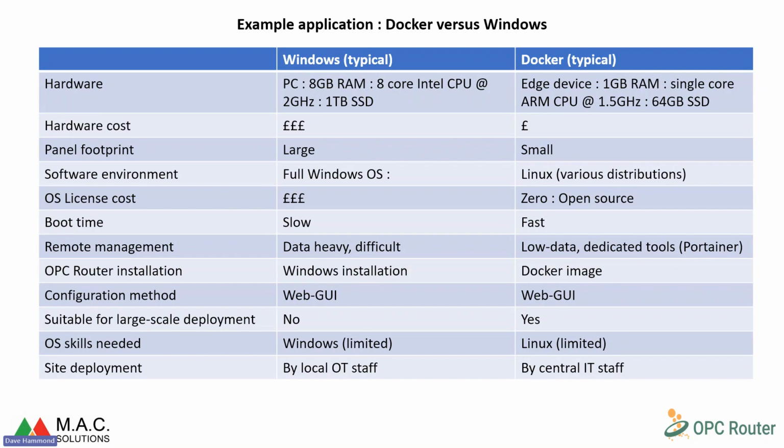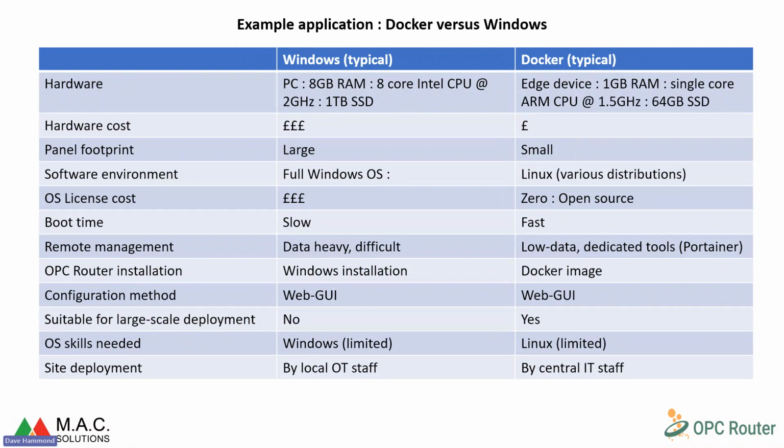Because of these advantages in the right-hand column, low-cost hardware, they're good to remotely manage. It is very suitable for large-scale deployments. Now, some of these large-scale deployments may be remote, but some may actually be inside a factory, where you might have dozens and dozens or hundreds of the same machines, and you want to manage them all using a cookie-cutter approach of creating one build and then rolling that out and managing it.